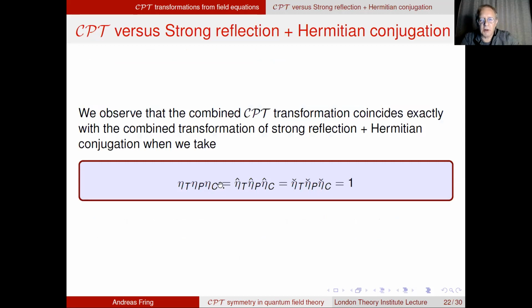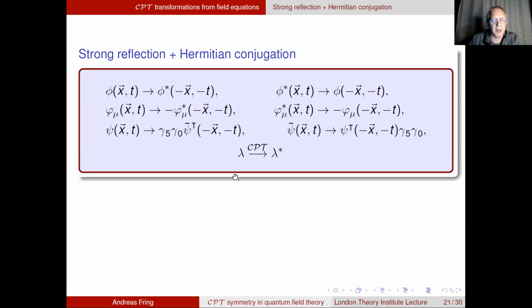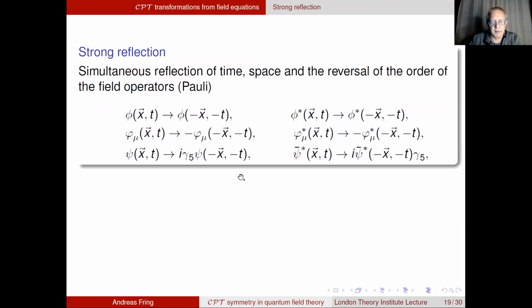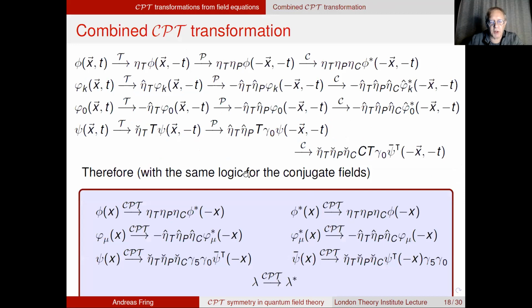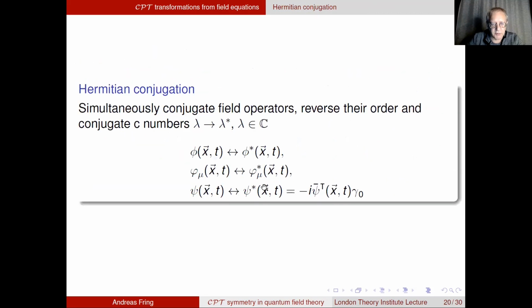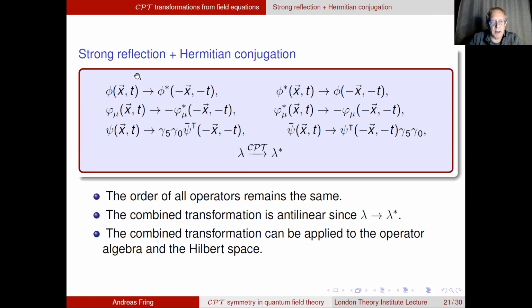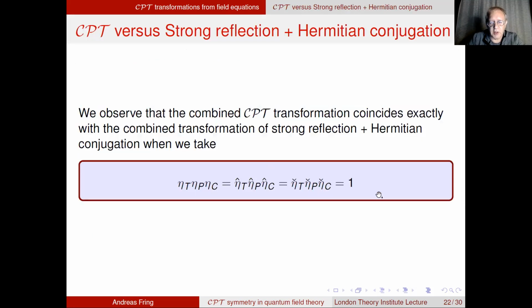And what we can see now, if we compare this blue box with this blue box, the combined CPT transformation and the combined transformation of strong reflection and Hermitian conjugate, we see that this is absolutely identical if we take the products of these constants to be 1.